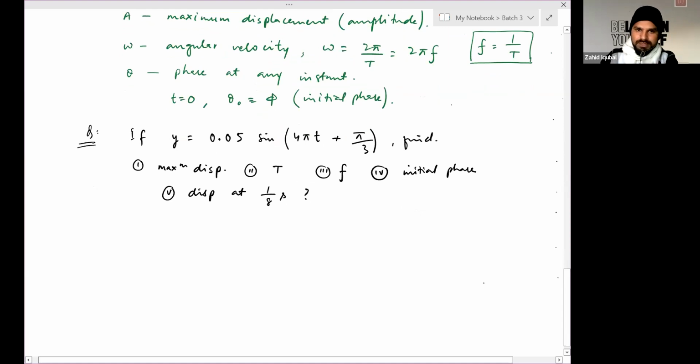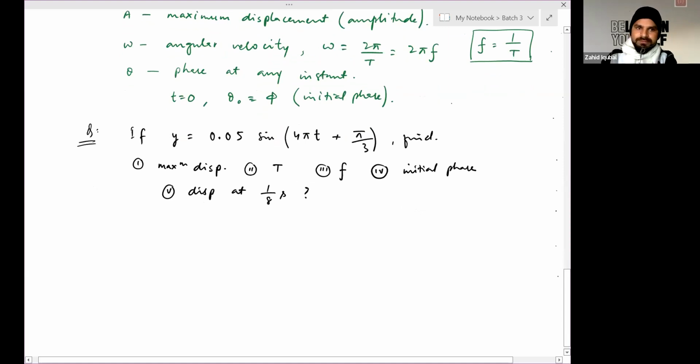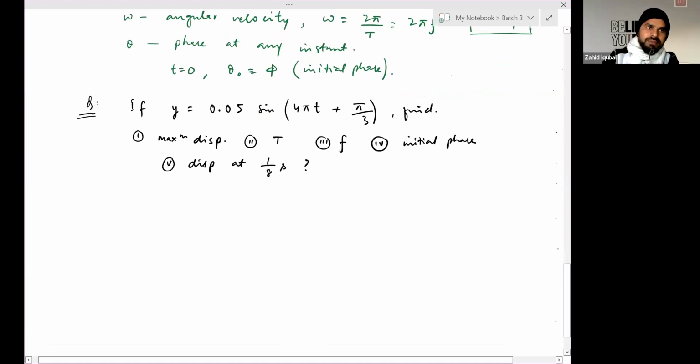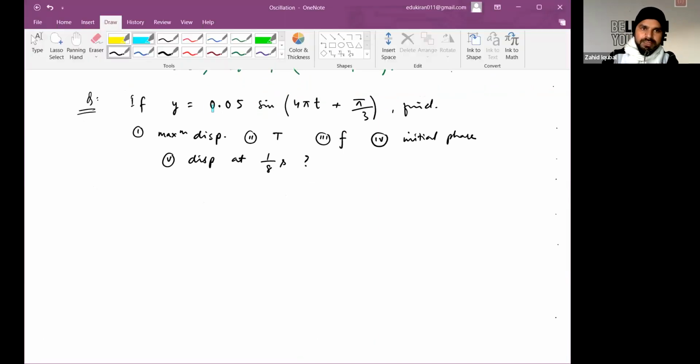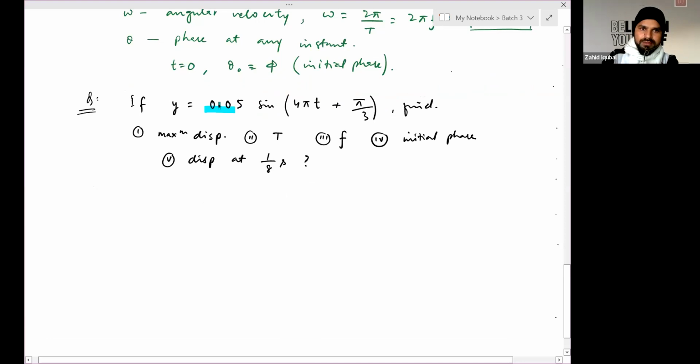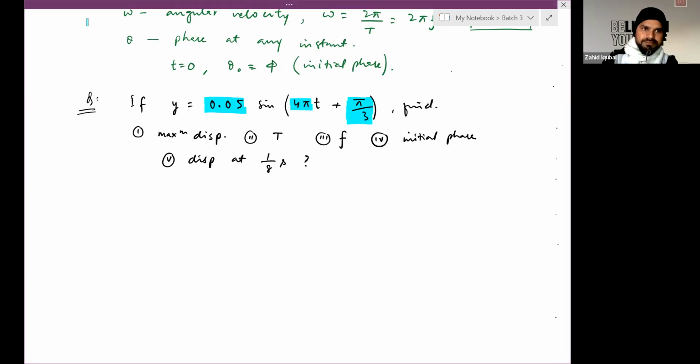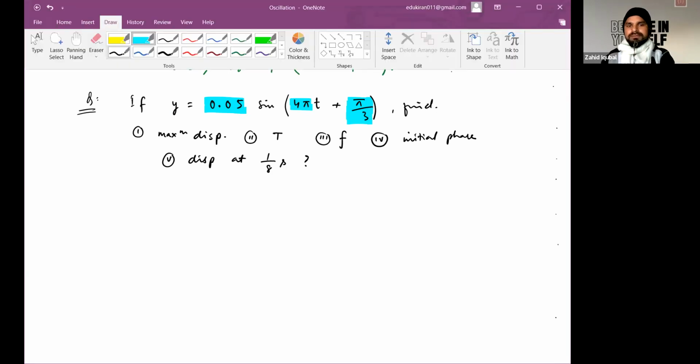First, just compare this equation to the above equation, and on the basis of which you will be able to calculate these different terms. Like, compare this part and this part. Try to solve.